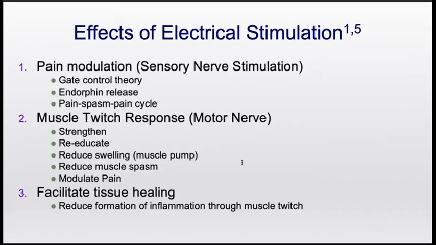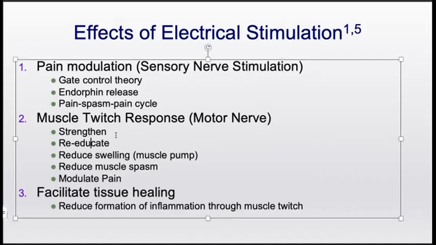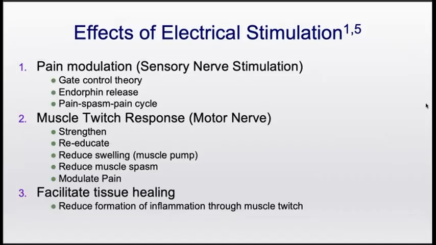If we're looking to induce effects at the muscles, what we're looking to do is to either strengthen, re-educate the muscles in the nervous system. We can reduce swelling through improving the muscle pump by contracting the muscle repeatedly. We can do that at different frequencies as we need.